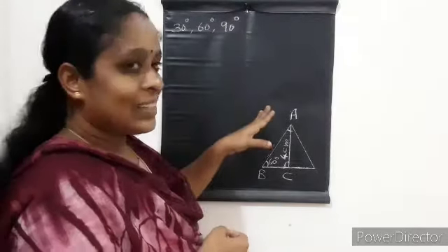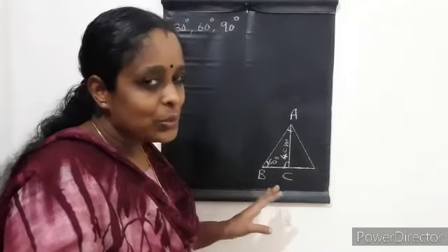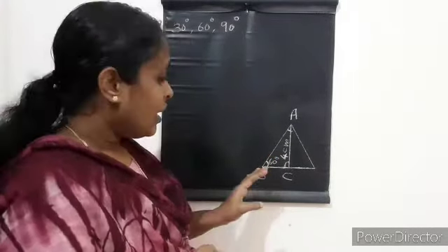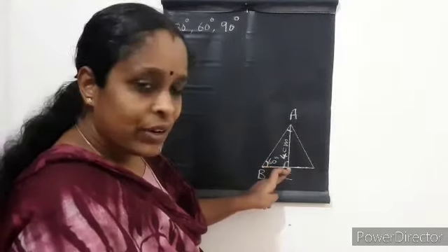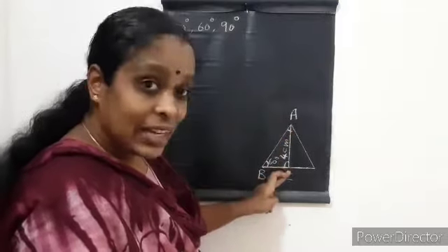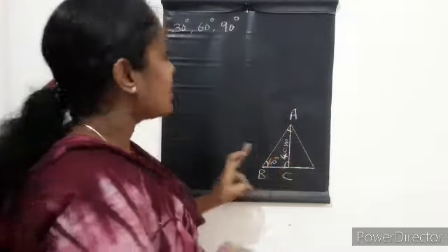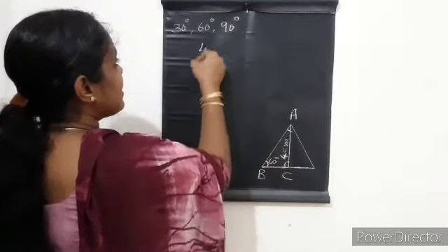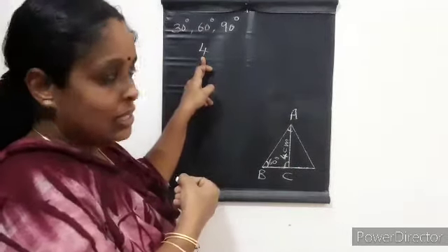Then the sides of this triangle are in the ratio 1 is to root 3 is to 2. Here it is given the side opposite to 60 degree is 4 centimeter.